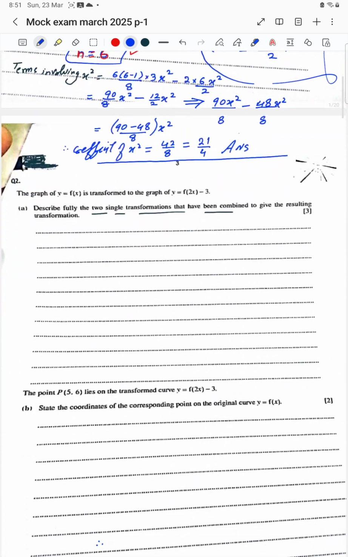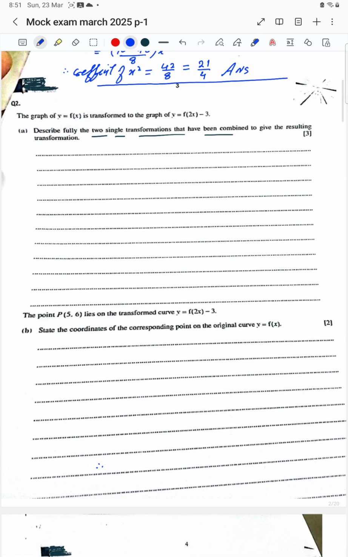Okay, let's go to the next question. The graph of y = f(x) is transformed. This is taken from transformations of functions, one of the topics of functions. This will be two single transformations. You have to transform y = f(x) to y = f(2x - 3).